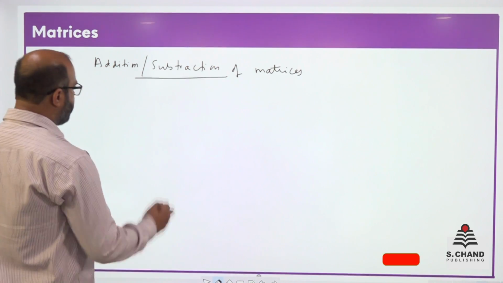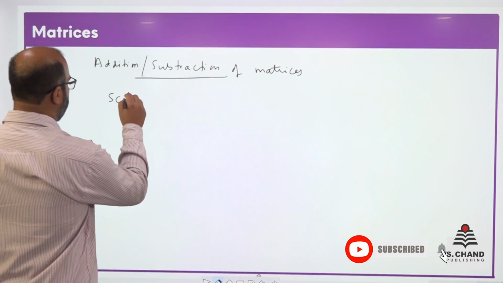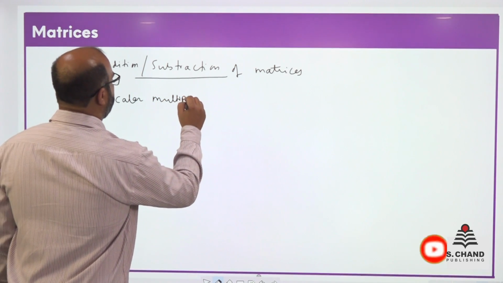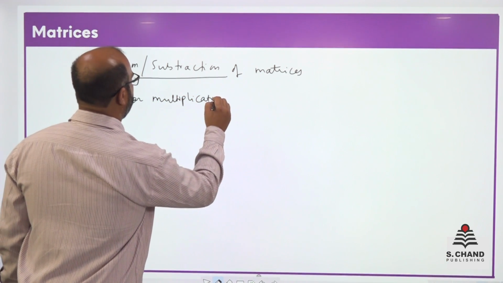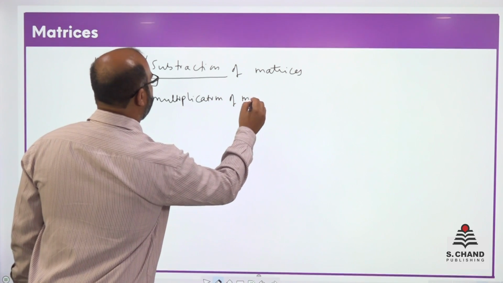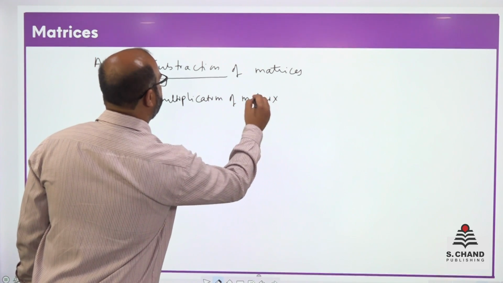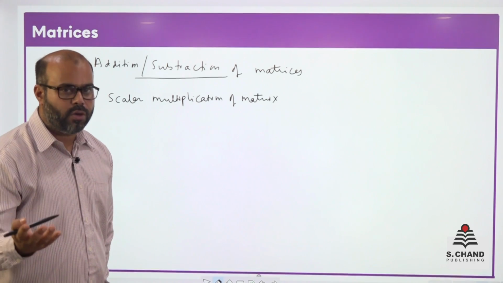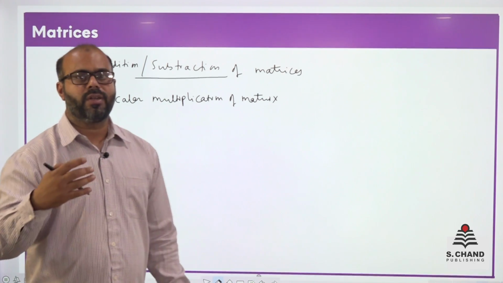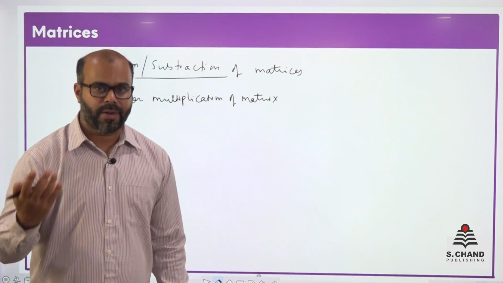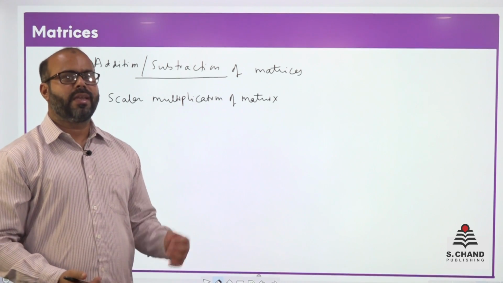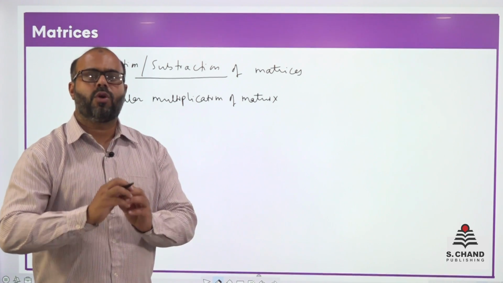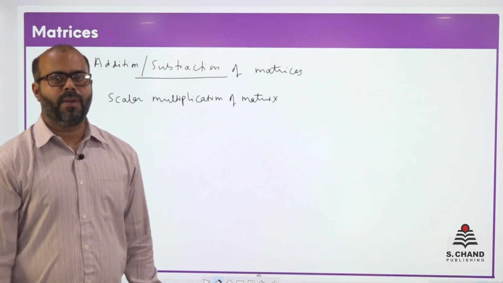Further, scalar multiplication of a matrix. It is very important because, if you remember, in scalar multiplication of a determinant, a scalar quantity gets multiplied to only one row or one column. You can choose any row or any column, depending on the situation or the question. But in the case of a matrix, if you are multiplying with a scalar, it gets multiplied with each element of the matrix.